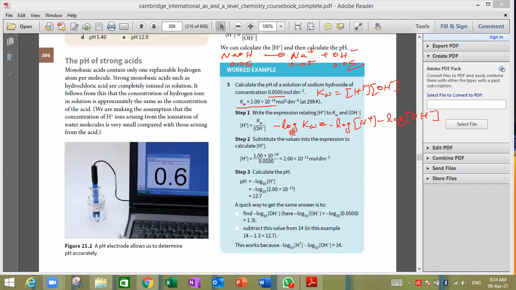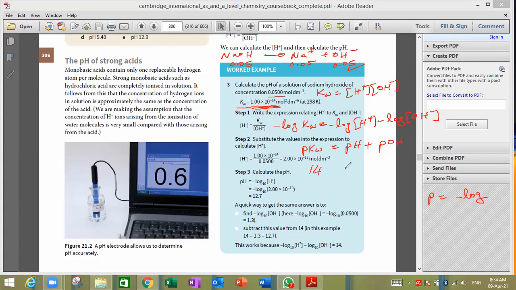Okay. Now we said that minus log means P. So here we say pKw equals pH plus pOH, because P means minus log. So here Kw has this value, 1 times 10 to the power minus 14. So if on our calculators we take minus log 1 times 10 to the power minus 14, we get 14.